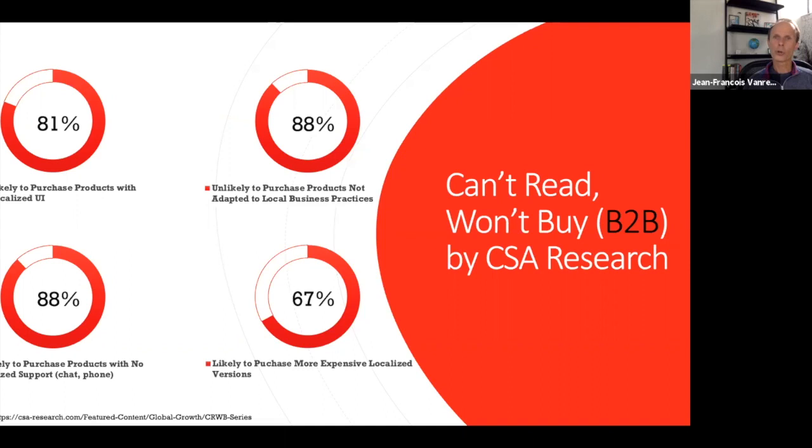But actually, the procurement teams that work in those global companies also look at making sure that those products are available in the different locales. This research shows that this is a key factor that procurement teams consider when they make the final decision about which product they're going to buy to support their organization. And as you can see here, 81% of companies will most likely not purchase a product which doesn't have a localized user interface.